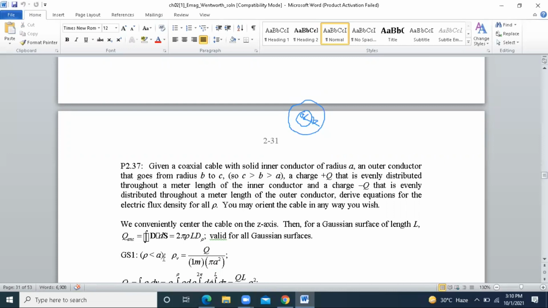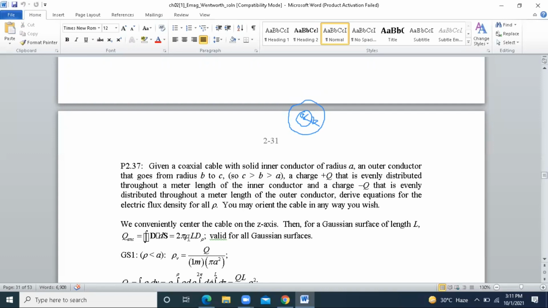Rho V, sir? That's the volume charge density. This is rho V, different from this rho.